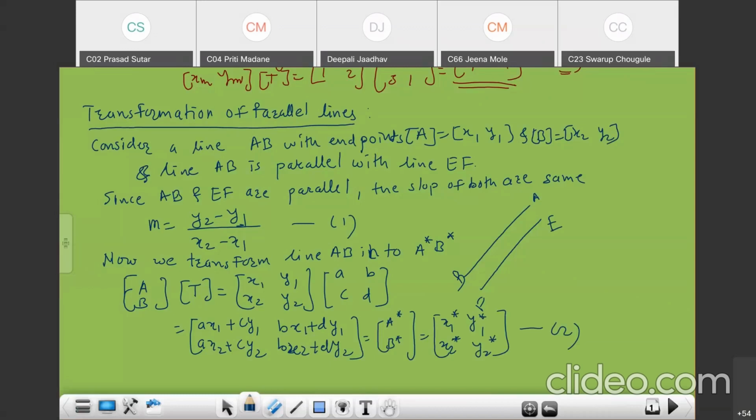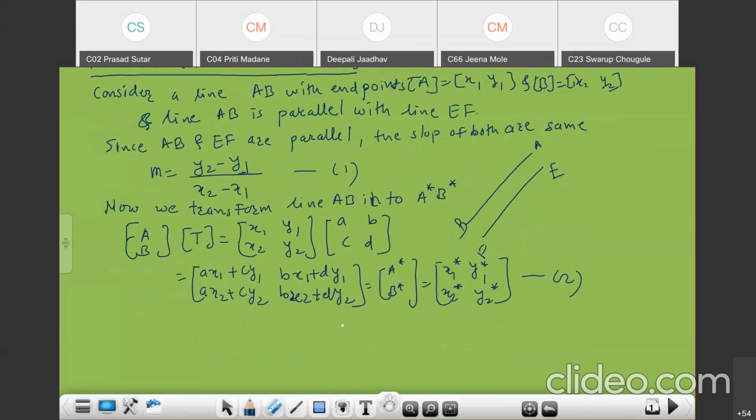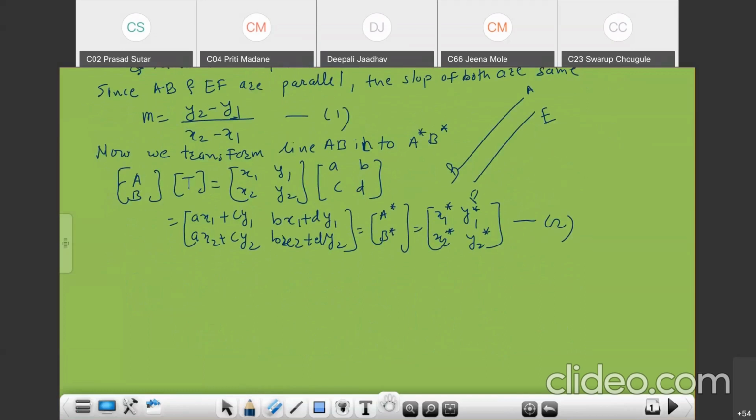Using equation 2, which gives the endpoints of A star B star, we calculate the slope of the new transformed line. We call it the slope M star.